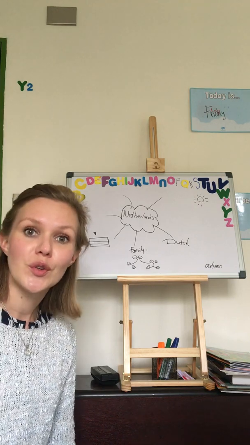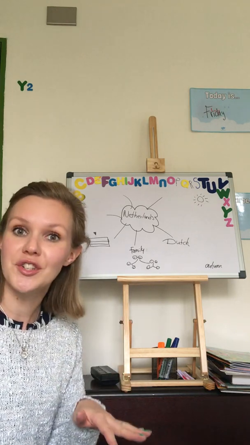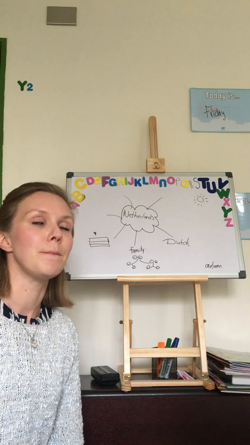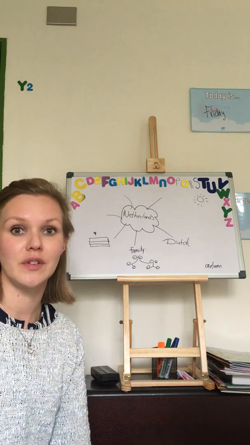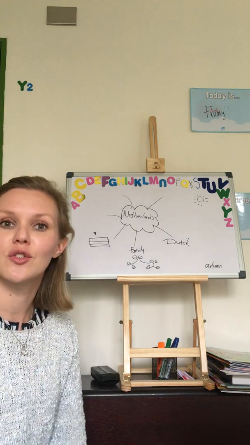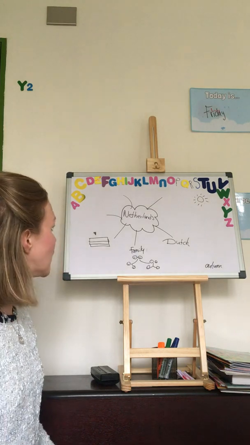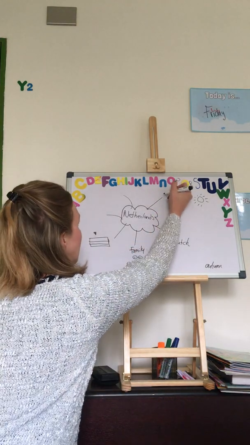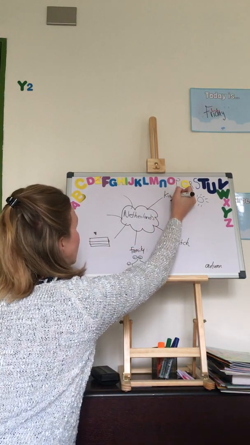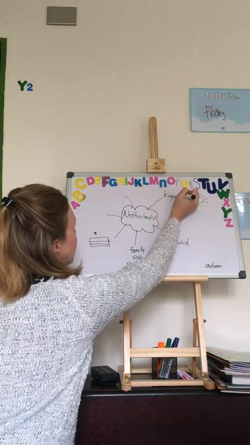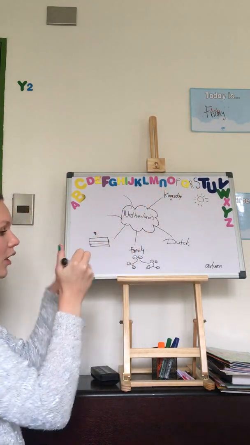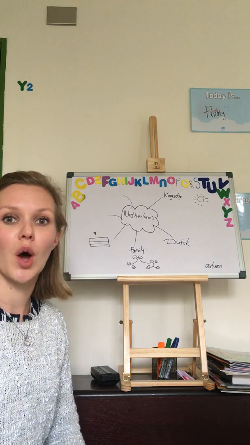Okay, also you're going to think about the traditions in your country. Maybe you have special days that you're celebrating something. In Holland we have King's Day. And on King's Day, everybody dresses up in orange.